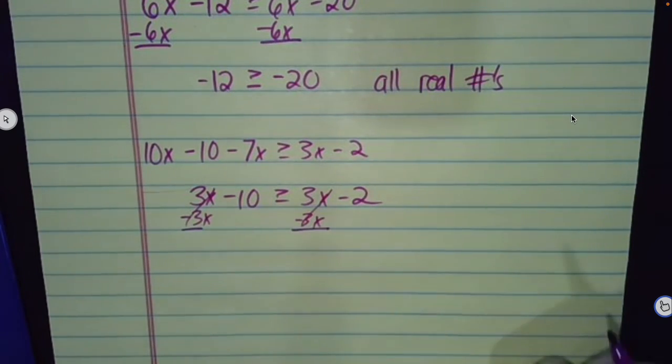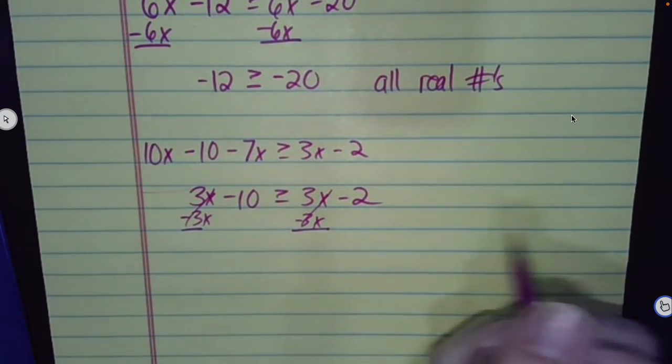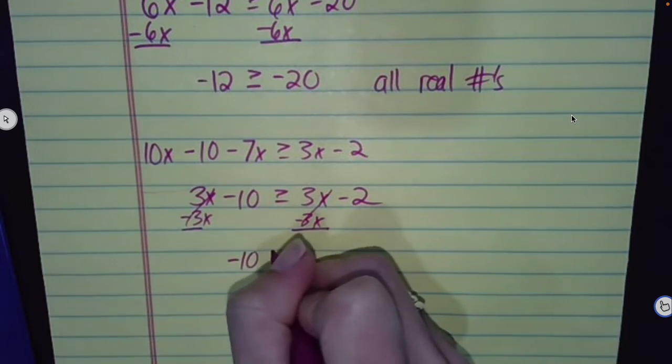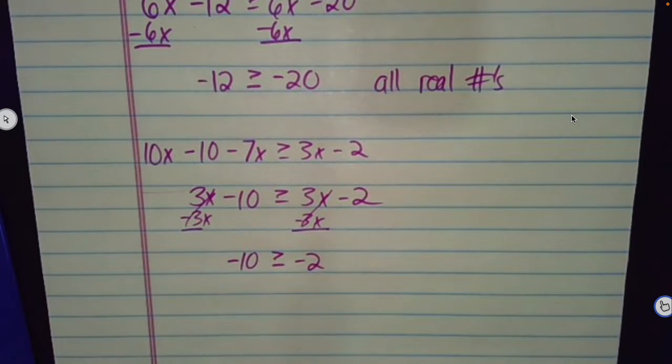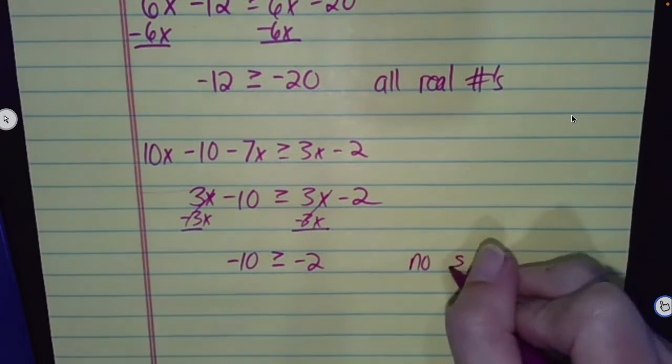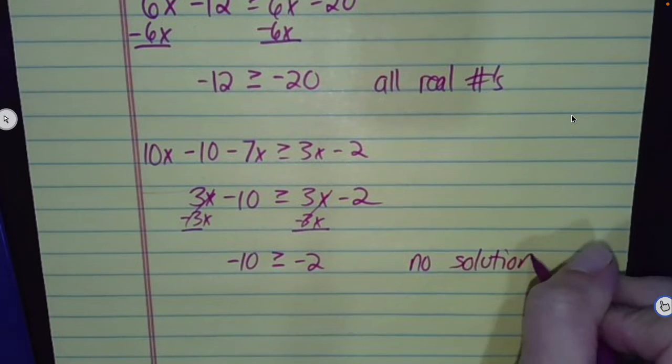So they cancel out, and I get negative 10 is greater than or equal to negative 2. Is that true? No. Negative 10 is further away from the positive numbers, so it's actually smaller. So that one's going to be no solution.